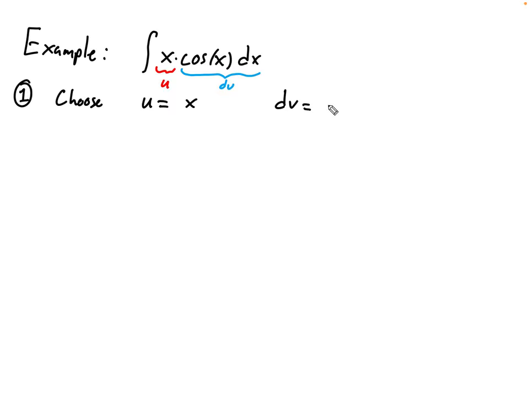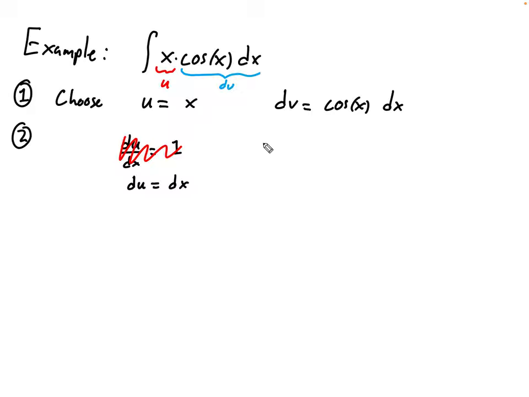So dv is cosine of x dx. Now, second step, we take the derivative of u, which is 1, and we solve this for du. Multiply both sides by dx, and we have du equals dx. In fact, we generally skip this intermediate step here.